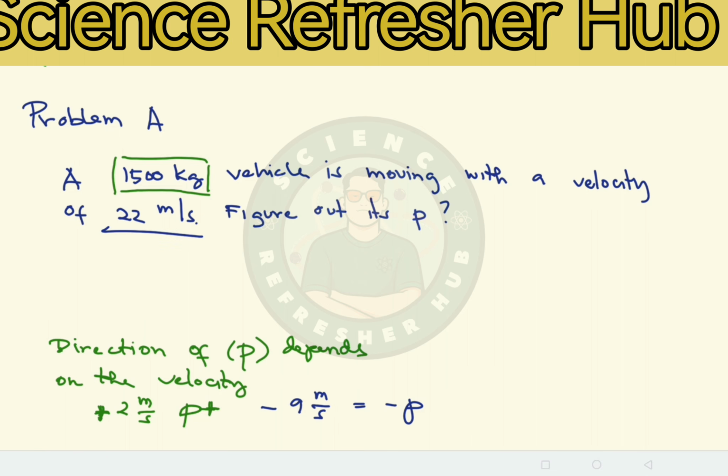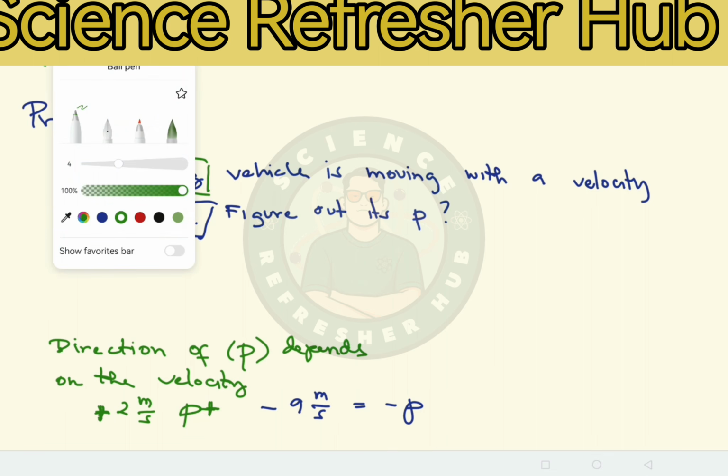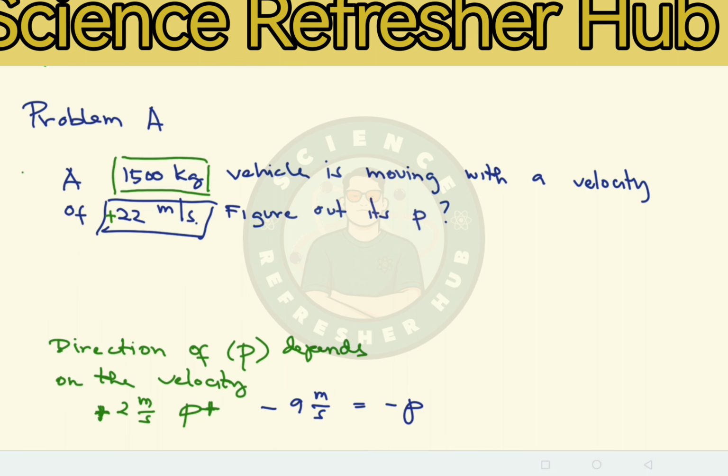The velocity of that moving vehicle is 22 meters per second, and it's very clear it's positive, so our momentum will be positive as well. So let's figure out P, or the momentum. Remember, it's a mass in motion, so momentum is just mass times the velocity.